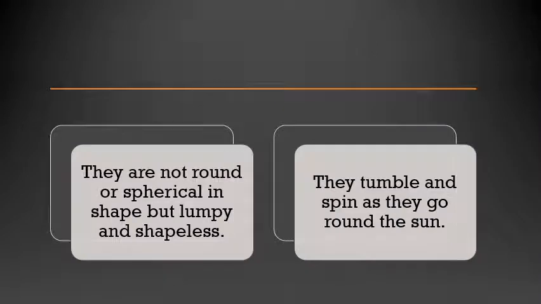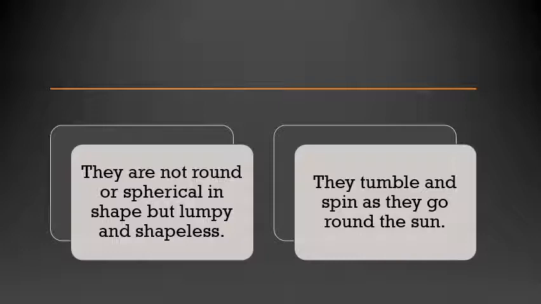They are not round or spherical in shape, but lumpy and shapeless. You cannot tell that an asteroid is made of a certain shape. It can be in different shapes. You just cannot make out the shape. It is just like a huge lump of rock.